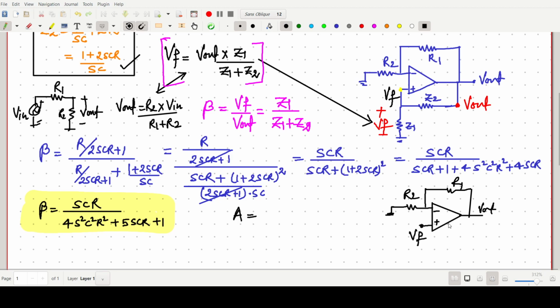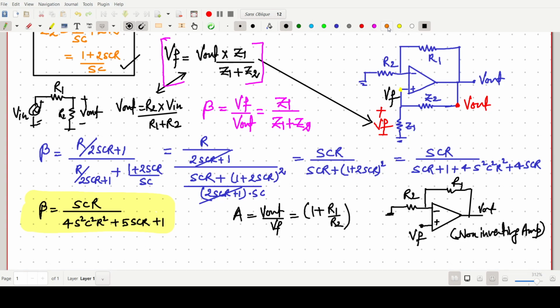So V output by VF is nothing but simply 1 plus R1 by R2. It should be R1 by R2, not RF by R1. This one is just a non-inverting amplifier. This is also a very important result, so I am again highlighting it.